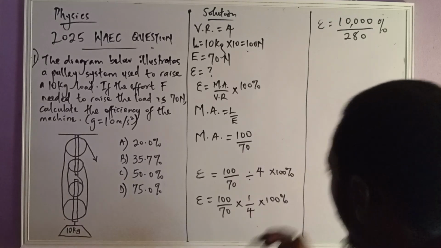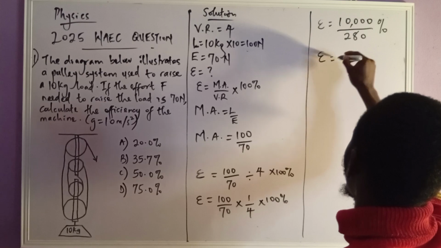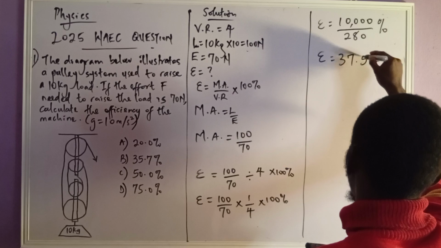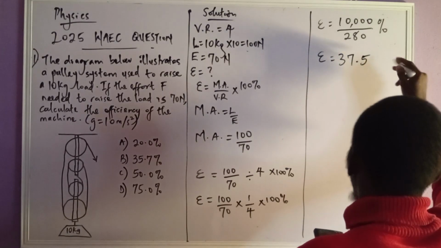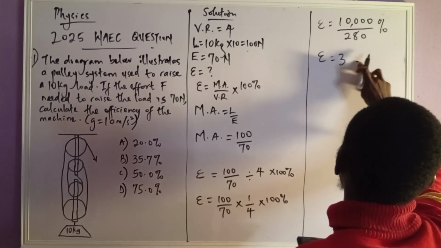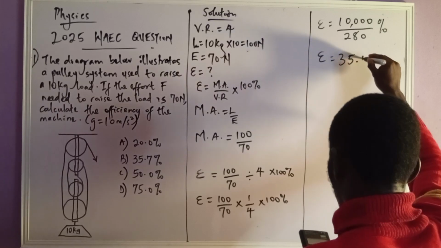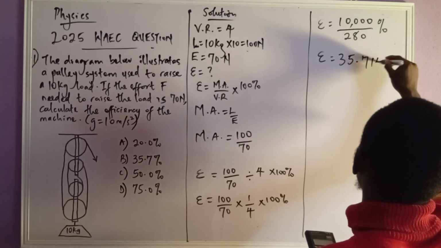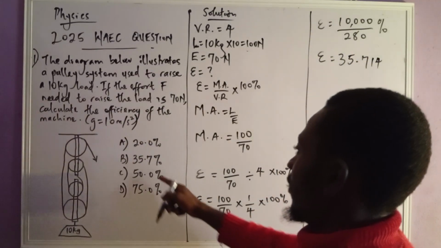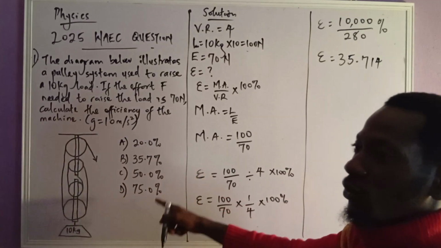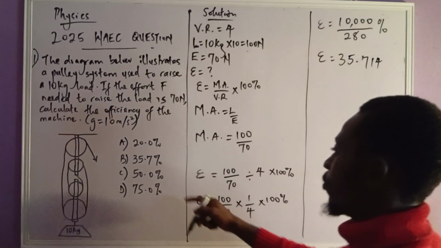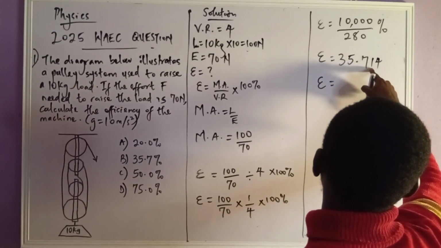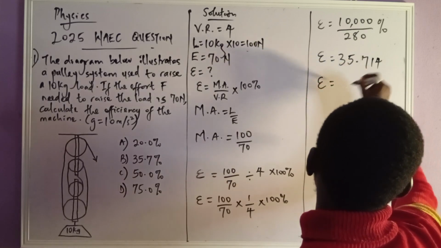And the answer is 35.71, 4, and so on. But looking at the options here, we have everything given to one decimal place, so we are just supposed to round to one decimal place, and since this is 1, we round it down to 0. 0 plus 7, 7 still maintains the 7.